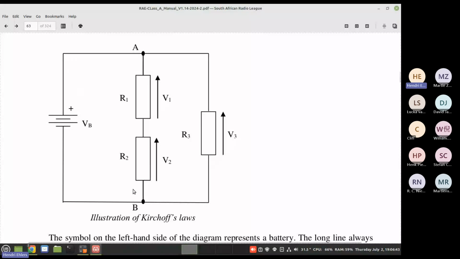If we measure here, we're going to measure 10 volts on that side and 0 volts on this side. So the total voltage drop across these resistors is 10 volts. And if we measure at this point and that point, we're also going to measure 10 volts.